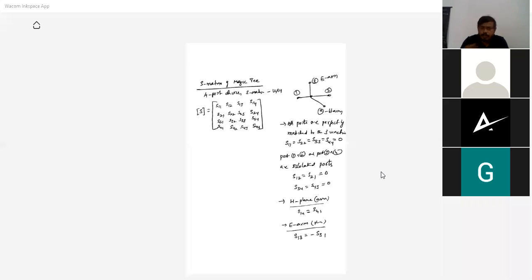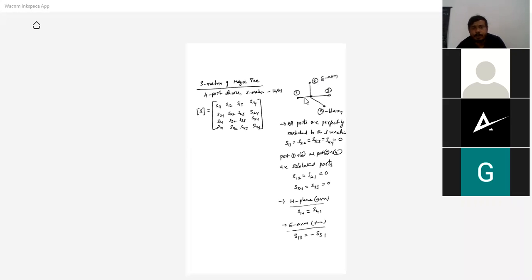So now see here. All ports are perfectly matched with the junction. S11 matched means there are no reflections, so S11, S22, S33, S44 are equal to 0. Already we said 3 and 4 are isolated ports.